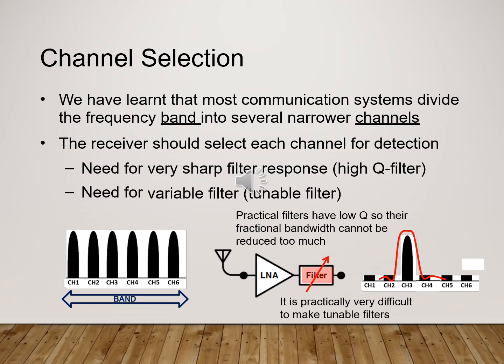Practical filters have low Q, so their fractional bandwidth cannot be reduced too much. It is practically very difficult to make tunable filters because you need to cover a large range, and it will not be easy to make them very accurate.